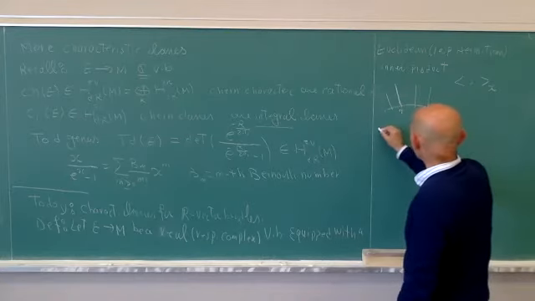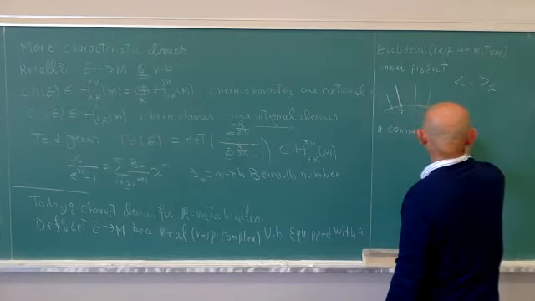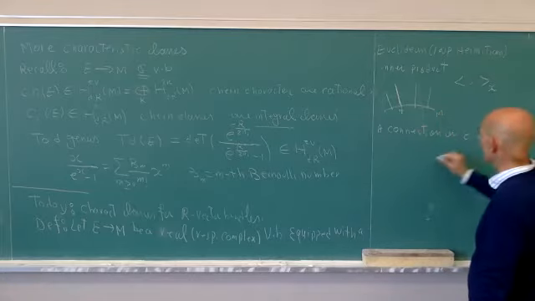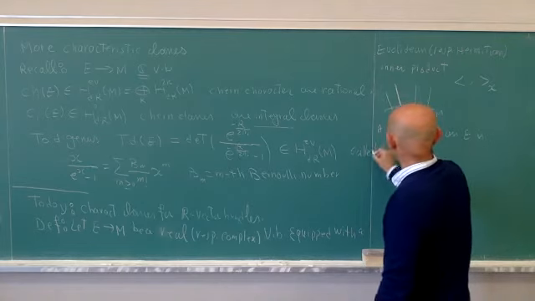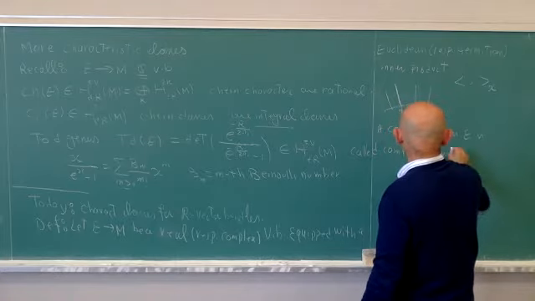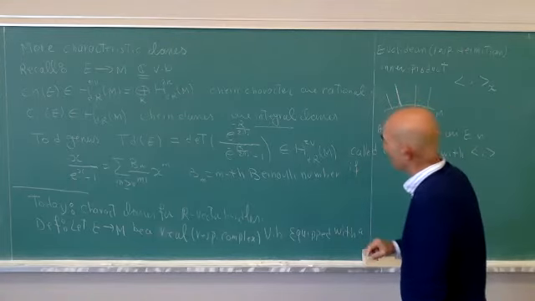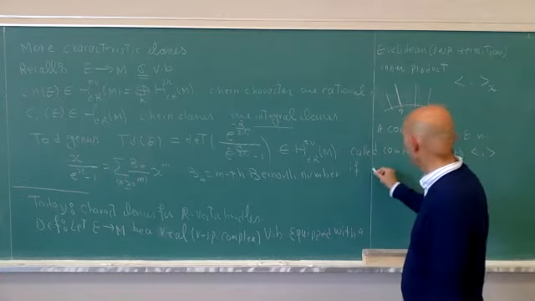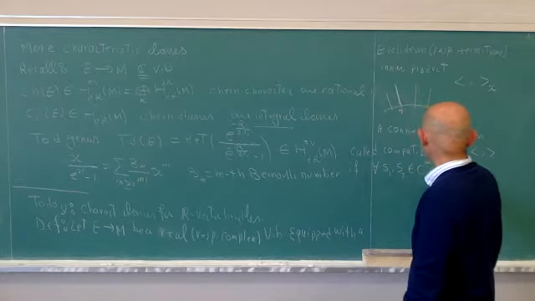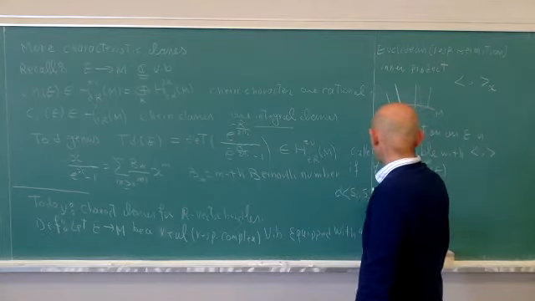Okay, so a connection on E is called compatible with this inner product if there is a very important condition: for any two sections s1, s2 of E, we have d of the inner product of s1 and s2.